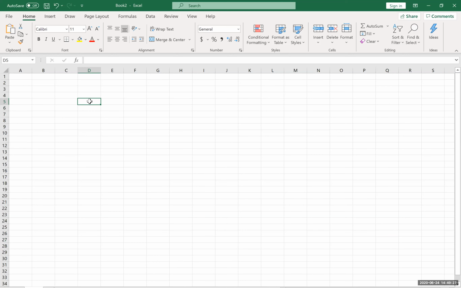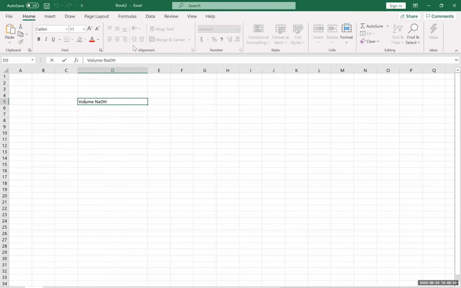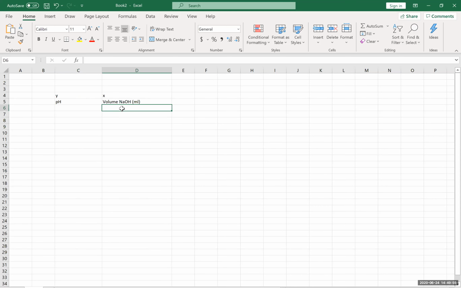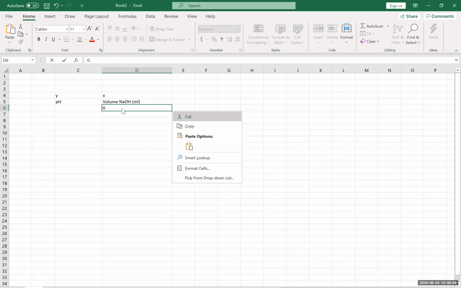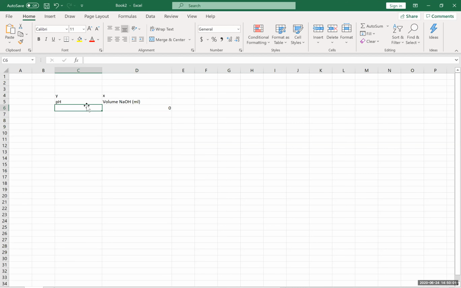First and foremost, let's make a plot of the volume of sodium hydroxide, in milliliters. That will be our x-axis. Our y-axis will be our pH. So first, at 0 milliliters, what was the pH of our acetic acid? We recorded that as 4.44. So we're just transcribing our data points.